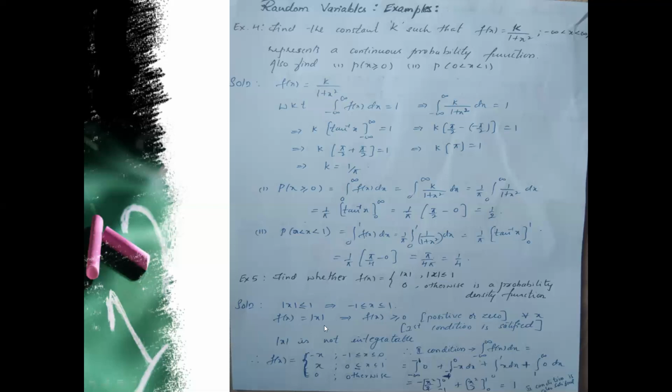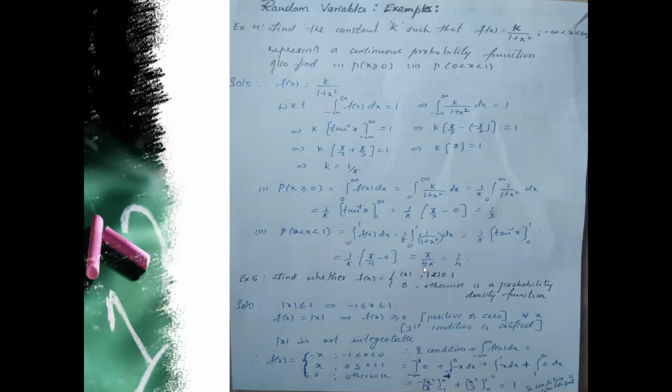The function is again mod x. Now mod x cannot be integrated. So again we'll write f of x as minus x in the range minus 1 to 0 and x in the range 0 to 1, and otherwise it is given 0, so we have written 0. Thus we have redefined this function because it is mod x.